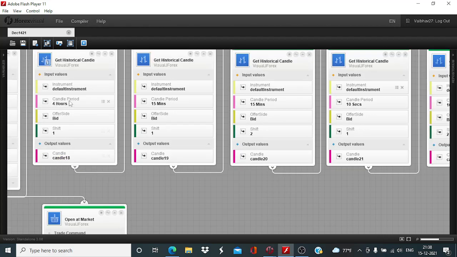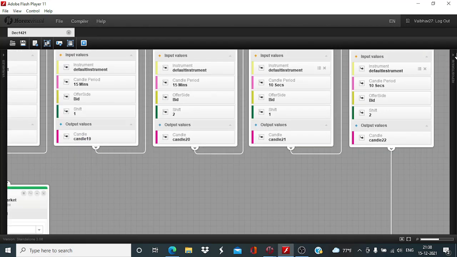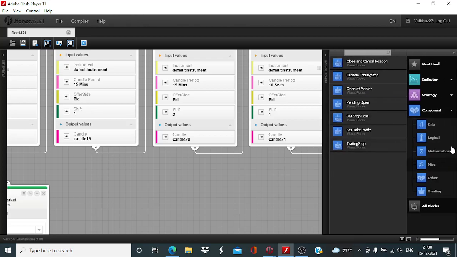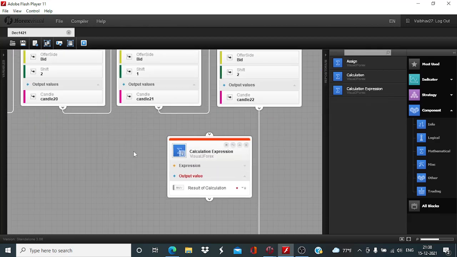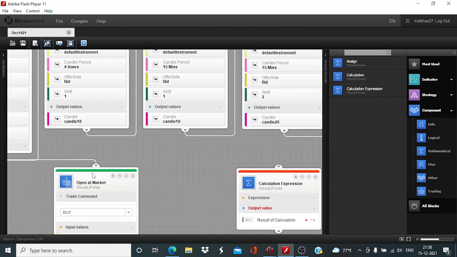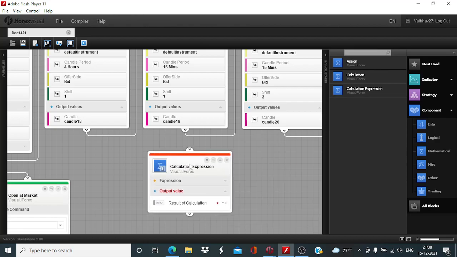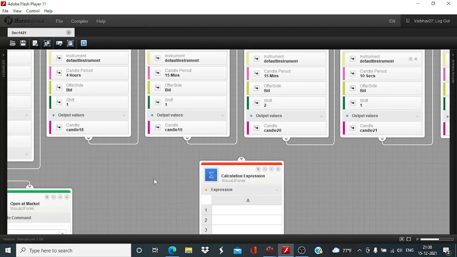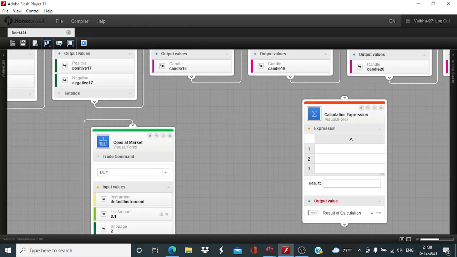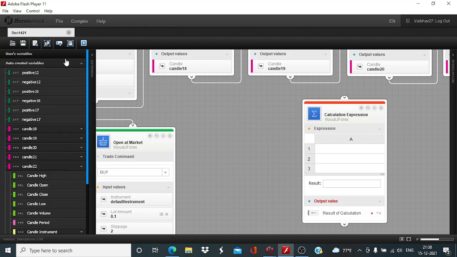Candle 18 is 4-hourly candle, so for that we need to add one more mathematical component, calculation expression. Actually we are going to need a couple of these, as we will have to again convert the result we obtain into integer data type. So for that we are going to need a couple of these calculation expression blocks.